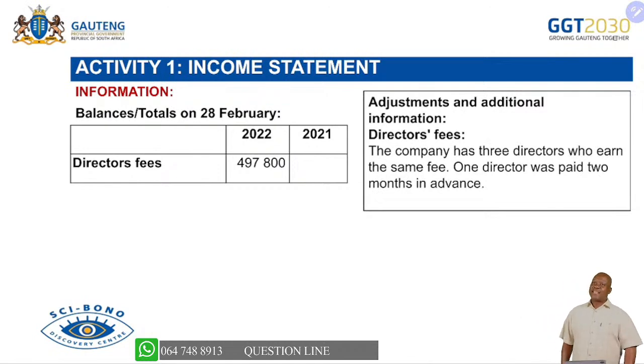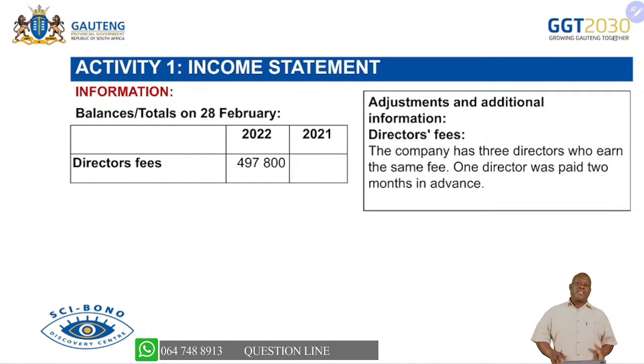This director was in financial trouble, and he asked the business to pay him for next year. So we can safely say director number 1 was paid for 12 months, director number 2 for another 12 months, and director number 3 for 14 months. Why? Because 12 months for the year plus 2 extra months in advance.